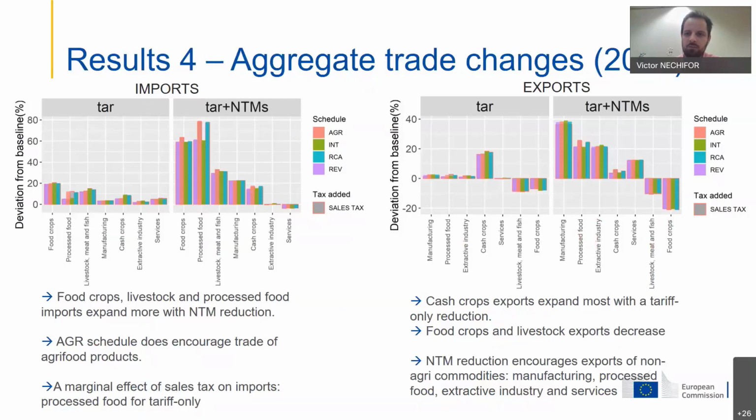And on the export side, again, what's interesting is to see that with the NTMs, there's also a diminution of exports in manufacturing, processed food and extractive industry. So again, the message of diversification of trade on the export side when the NTMs are included.